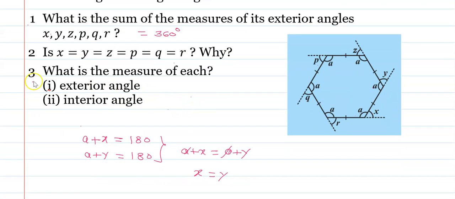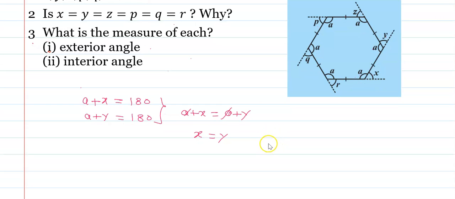Next, he asks the question: what is the measure of each exterior angle? It's clear that the sum of the measures of the exterior angles is 360, and each exterior angle is equal. How many exterior angles are there?